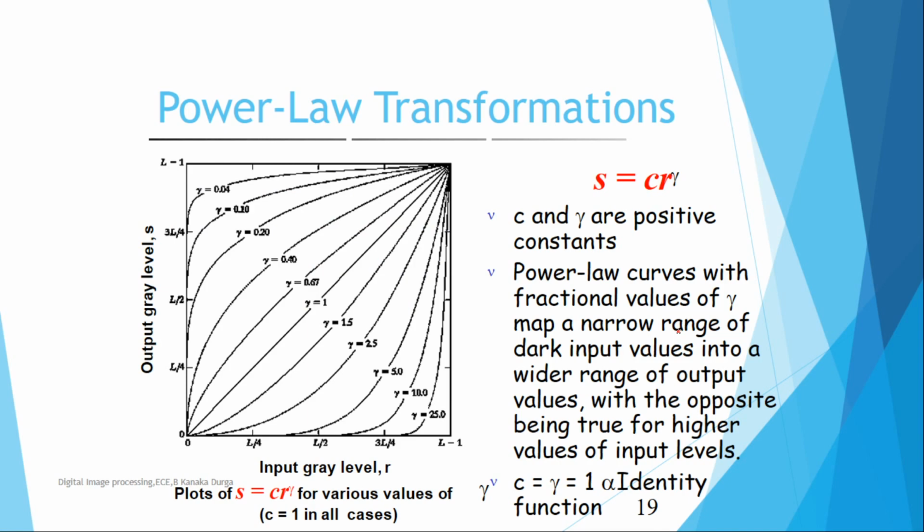Now the power law transformation. Suppose this is the image we have, with low intensity values, while the display device works with higher intensity values. The image has lower intensity values and the display device has higher intensity values.